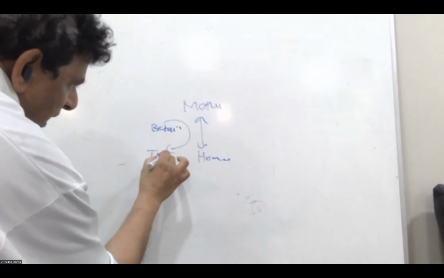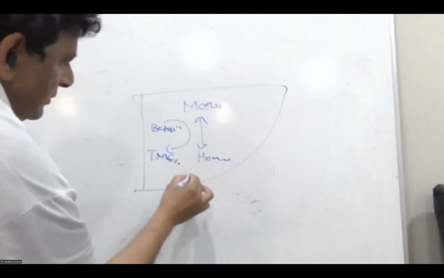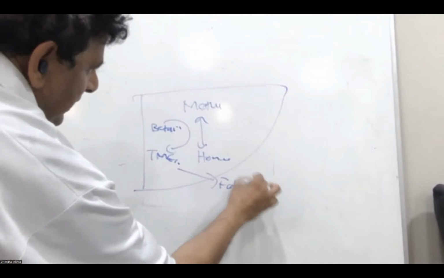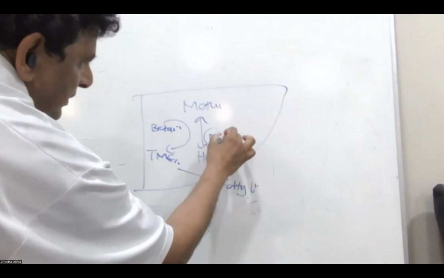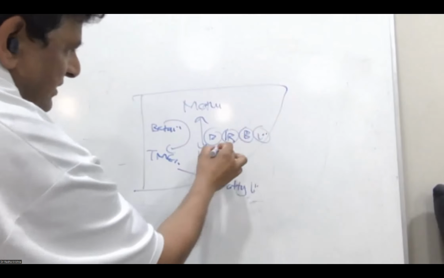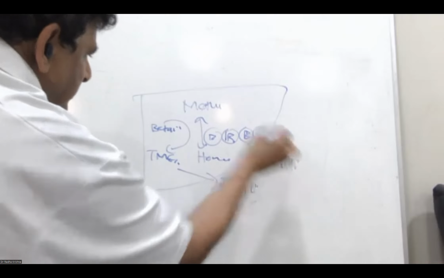Betaine has to convert to TMG. This is in the liver, so that means this is fatty liver. And here comes B12, B9, BH4, and the urea cycle. Remember, this is like an Audi car. Audi has 4 rings.